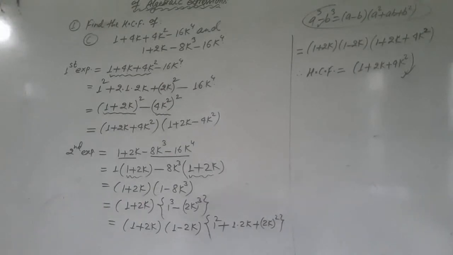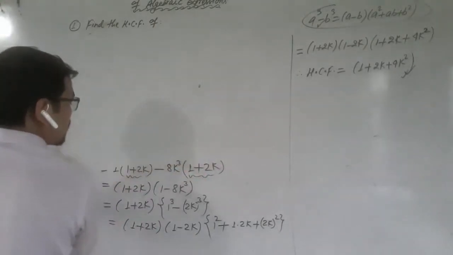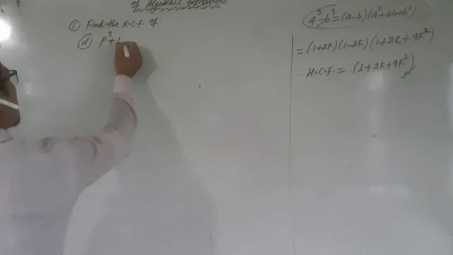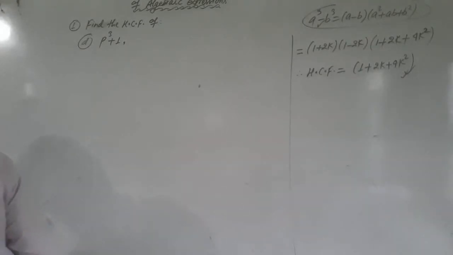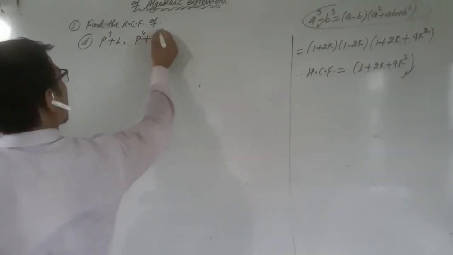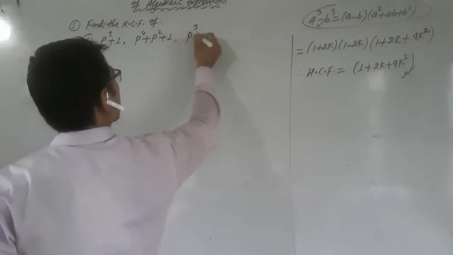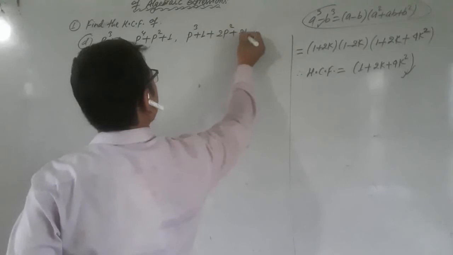Okay. Again, one more question I will do here. Next question, D number. The expressions are p cube plus 1, p power 4 plus p square plus 1, and p cube plus 1 plus 2p square plus 2p.